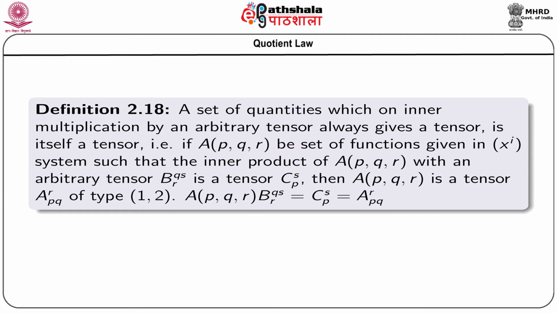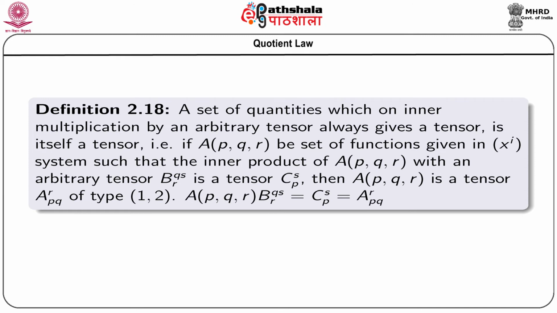That is, suppose A(p,q,r) be a set of functions given in the xi coordinate system such that the inner product of A(p,q,r) with an arbitrary tensor B(q,s,r) is a tensor C(s,p), then A(p,q,r) is a tensor A(r,p,q) of type 1, 2.